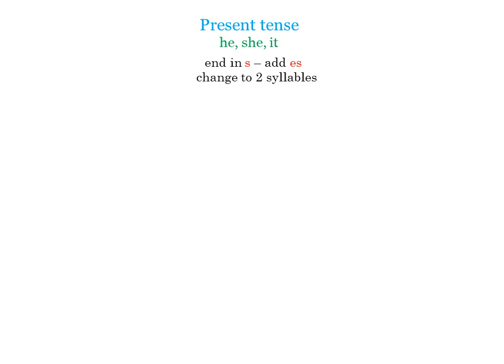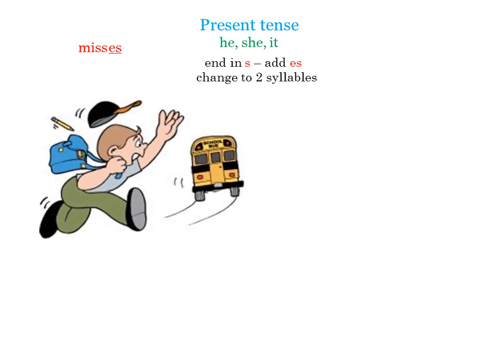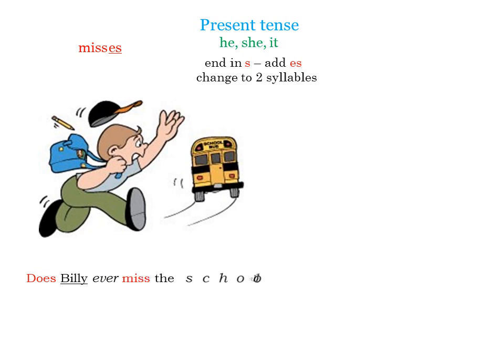For verbs that end in S, we add ES, and then they change to two syllables. Like miss ends in S, add ES, and you have misses. Does Billy ever miss the school bus? Yes, he misses it sometimes.